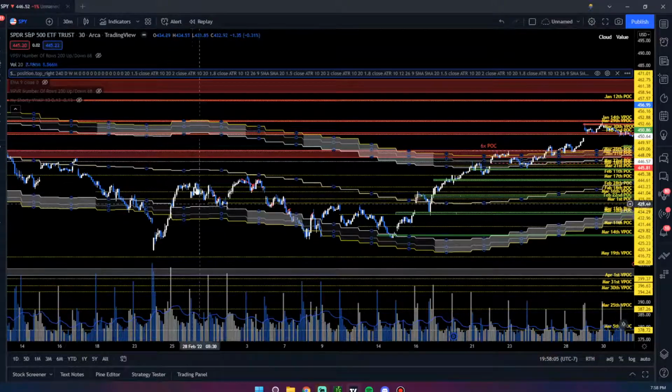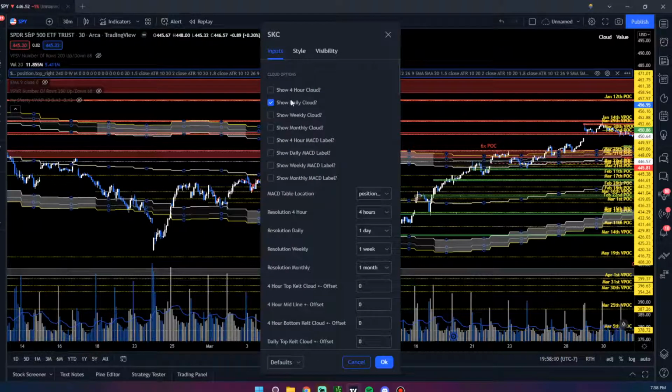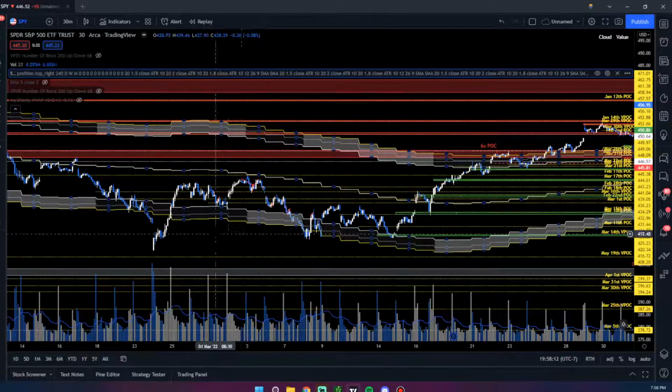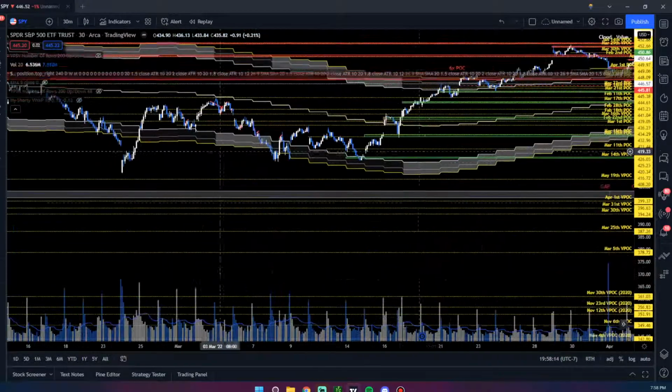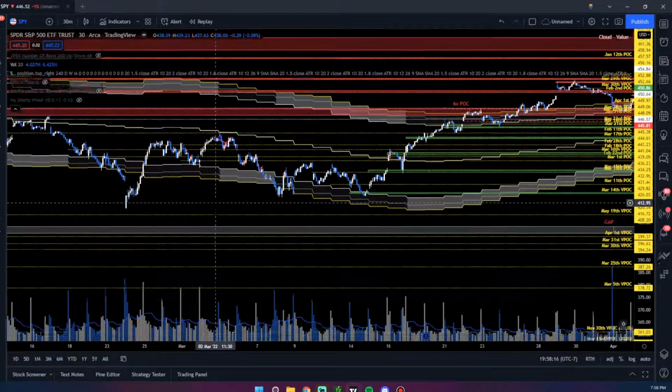So here's the daily cloud. Did I turn off the monthly cloud? Okay, I did. So this is just the daily cloud, and then my charting.